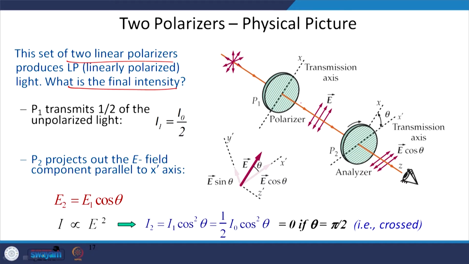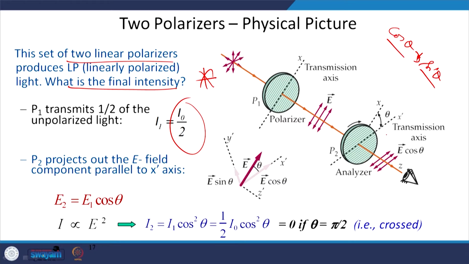If it passes through the first one, I becomes I naught by 2. You had vertical ones, all the directions. You can resolve all the components into cos theta and sin theta terms, and you can add them all.